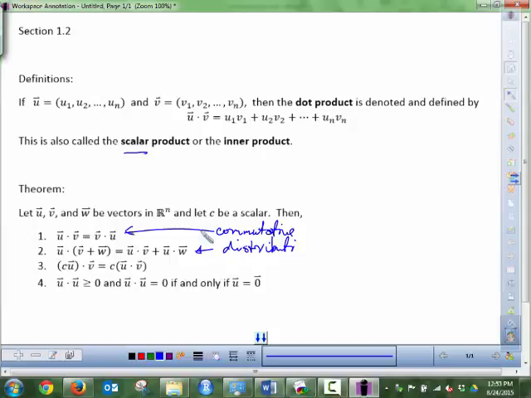So as I look through this, there's a commutative. There's this form of associative when they're playing around with another scalar, but I don't seem to have this associative property of the dot product. U dot V dotted with W is equal to U dotted with V dotted with W. So this is an associative property, right?